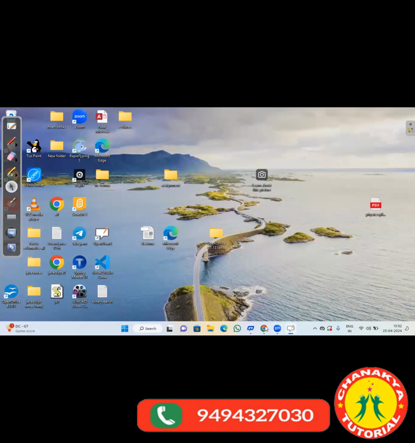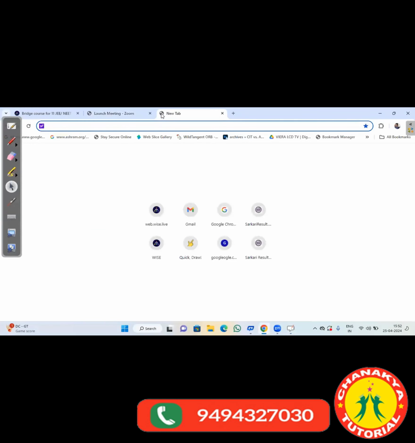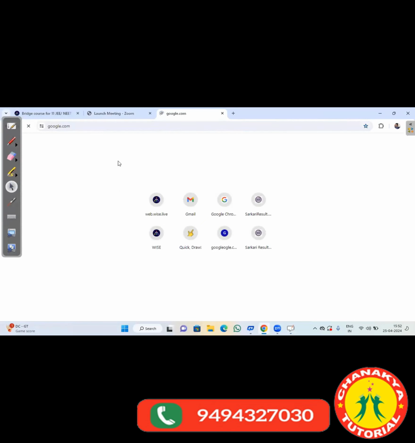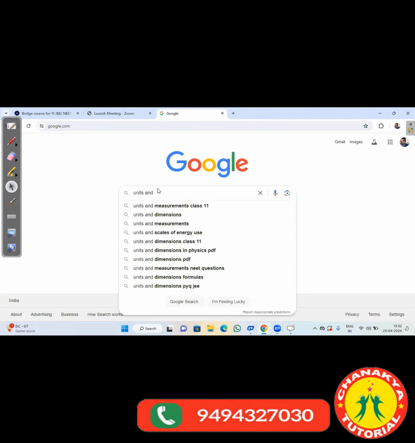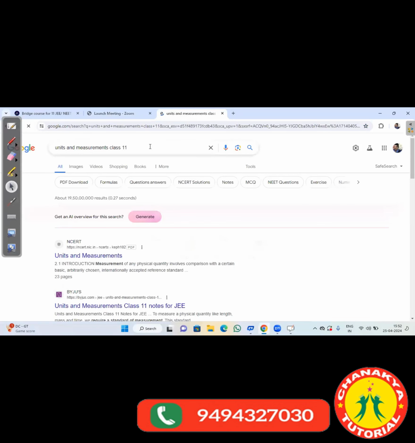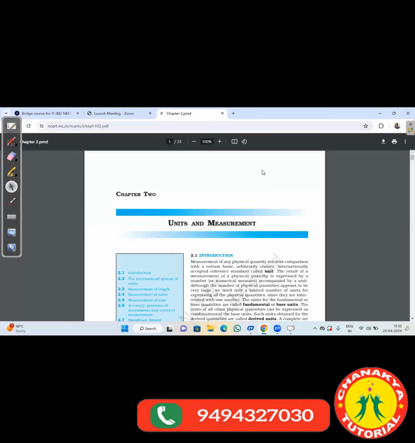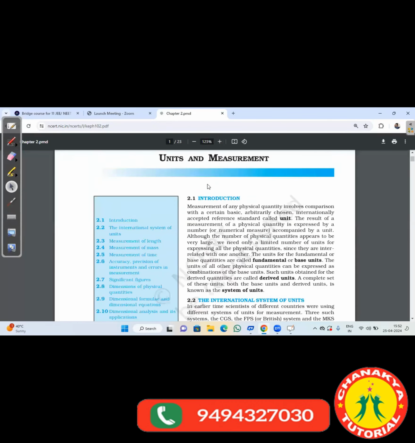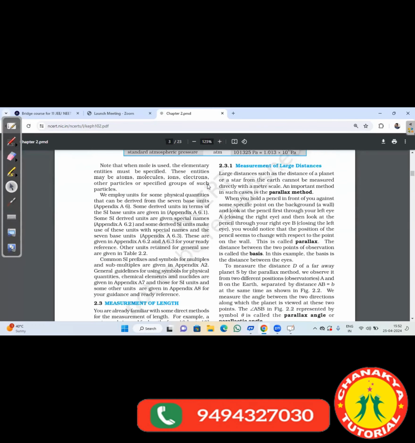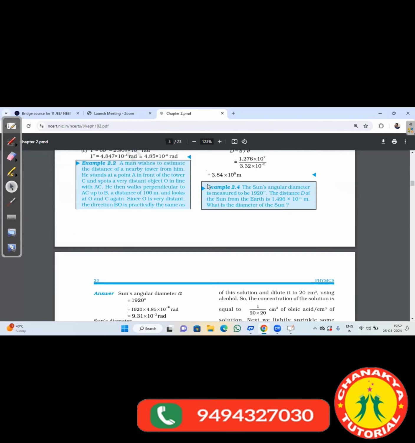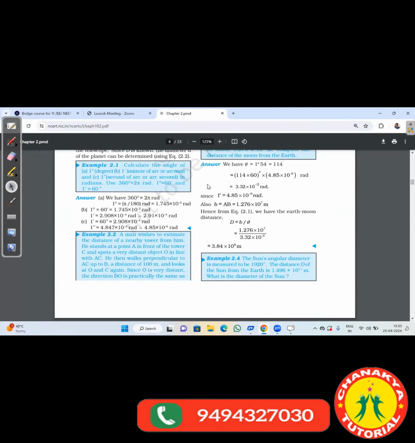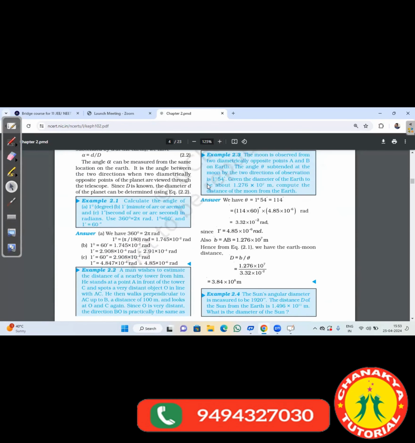I am posting another question here from NCERT.